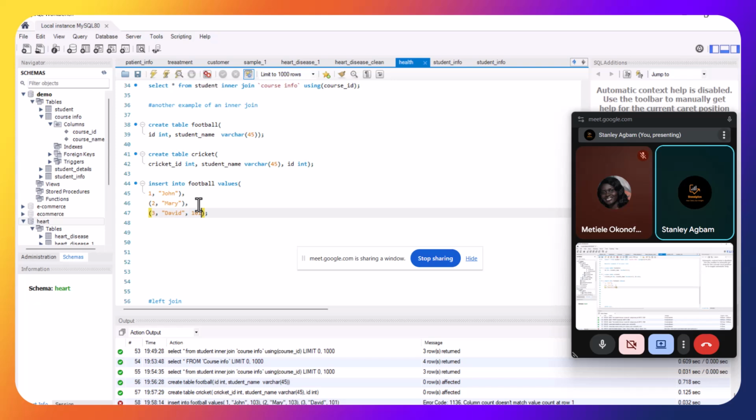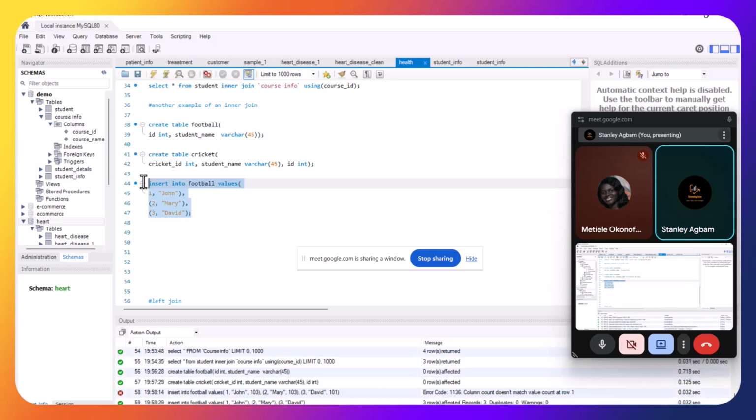Then insert into cricket values. Then 101 Steven, football ID of 7. So 102.